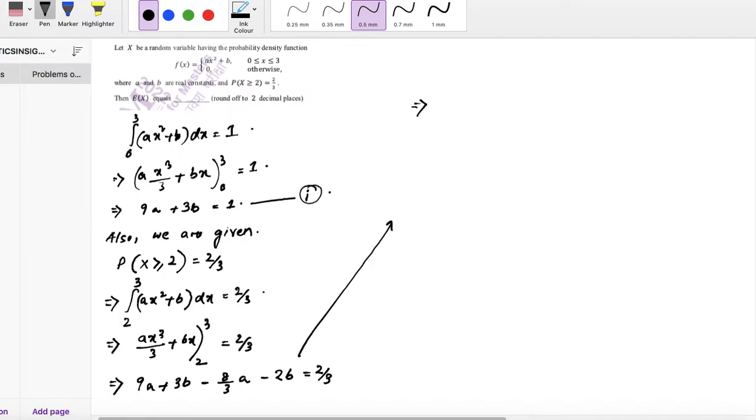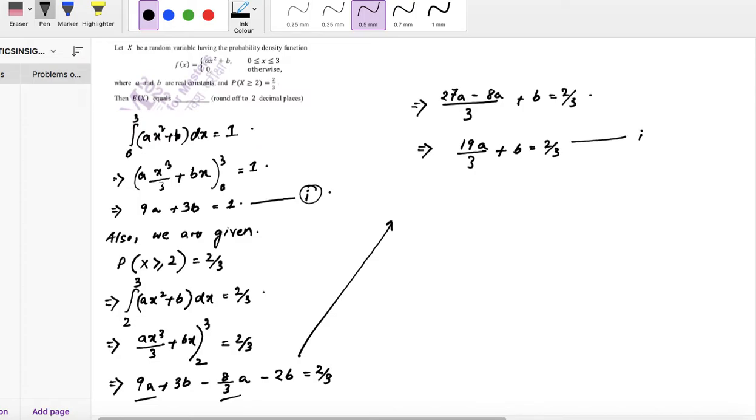Now let's take the LCM for a, for this part and this one. 27a minus 8a by 3, right, plus b is equal to 2 by 3. This is 19a by 3 plus b is equal to 2 by 3.